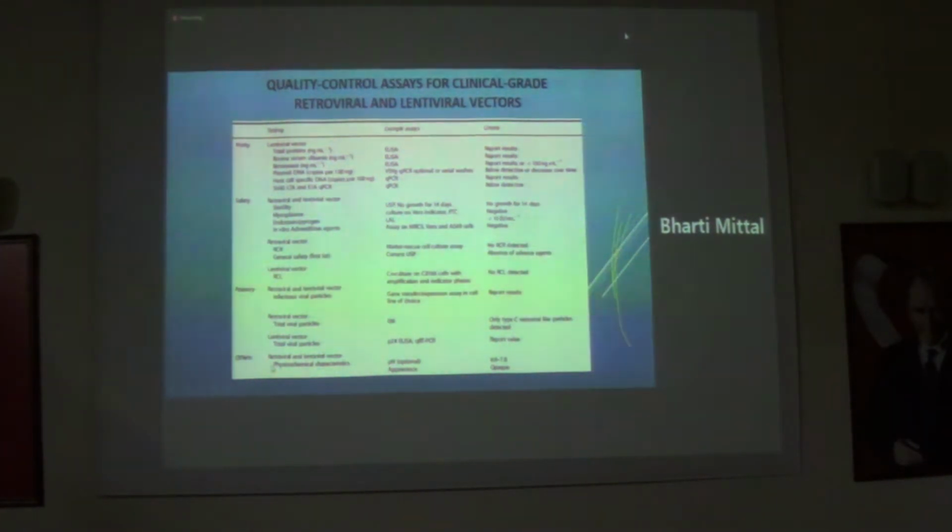These are the lists of the testing and the platforms by which we can perform these tests to ensure that our lentiviral or retroviral vectors are of clinical grade. Every time we have to check that our T cells are of clinical grade, our vectors are of clinical grade, and the entire process is of clinical grade.